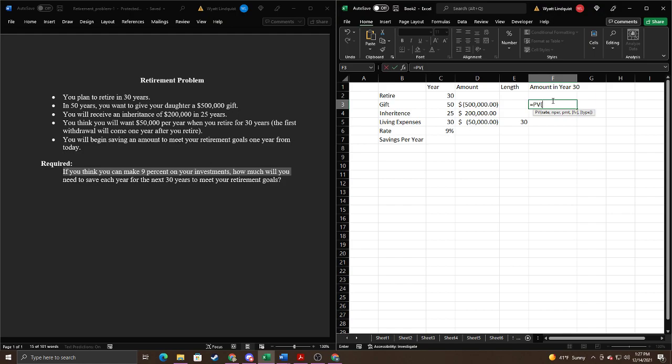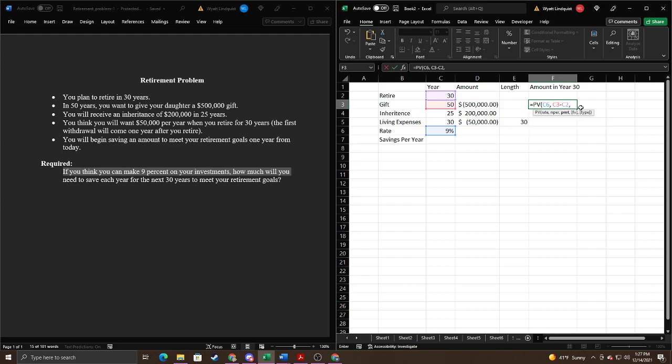Because this will happen in 50 years and we're accounting for it in 30 years, we need to present value it back 20 years. So we're going to do equals present value. We're going to take the rate, which is 9%. Then we're going to take the number of periods, which in this case is 50 minus 30, and we can just use references.